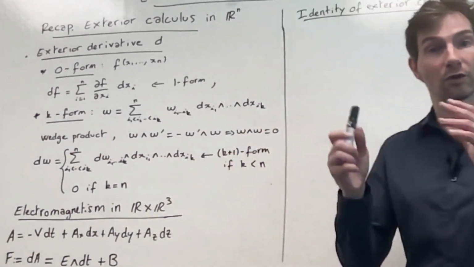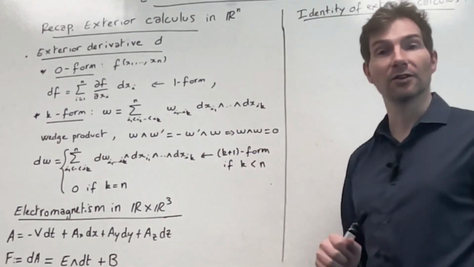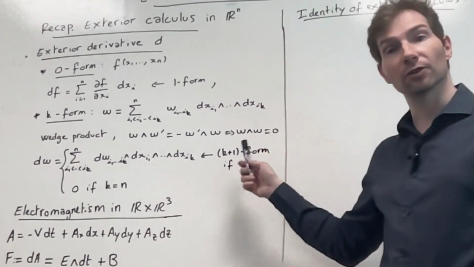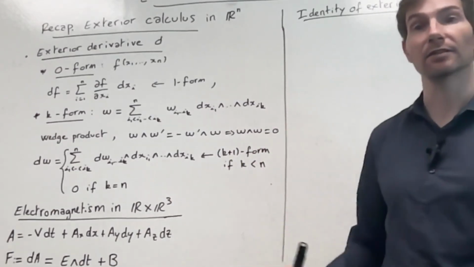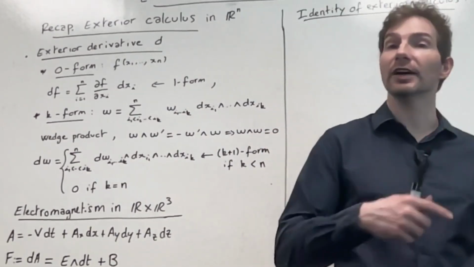Okay? Now, consequently, if you take any K form omega and you wedge it with itself, then you're going to get zero, strictly zero. Because that's the only thing that can be itself and minus itself.